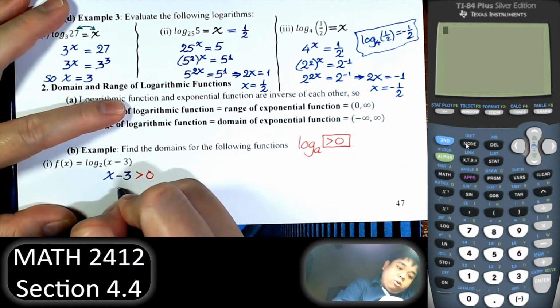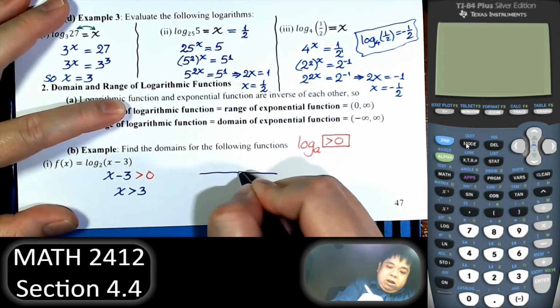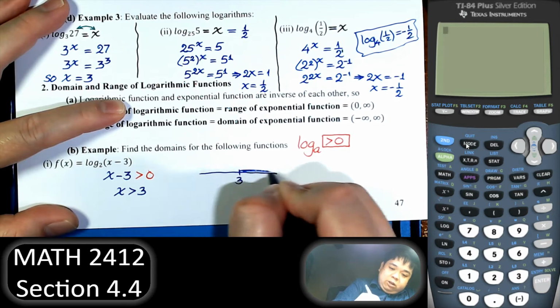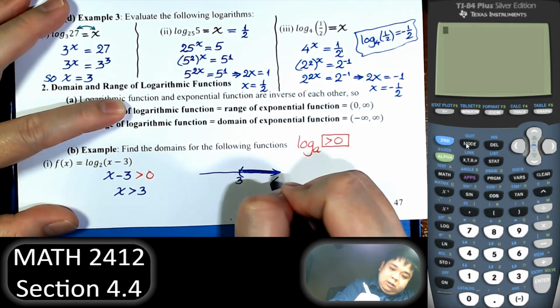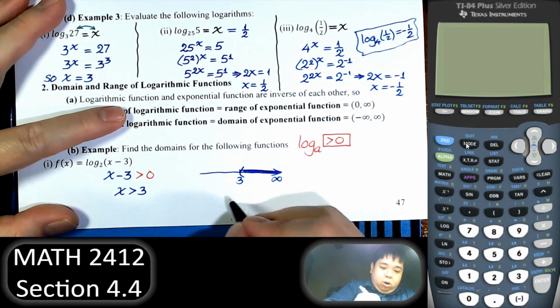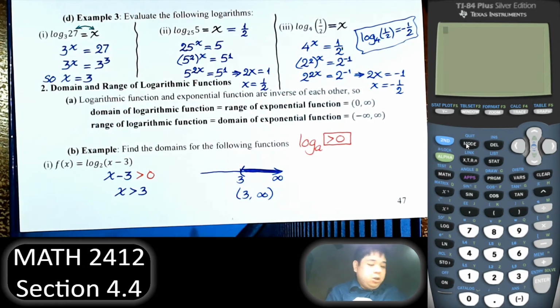So plus 3 on both sides, x greater than 3. On the number line, it is greater than 3, or we just write 3 to infinity. So that is the domain of that function.